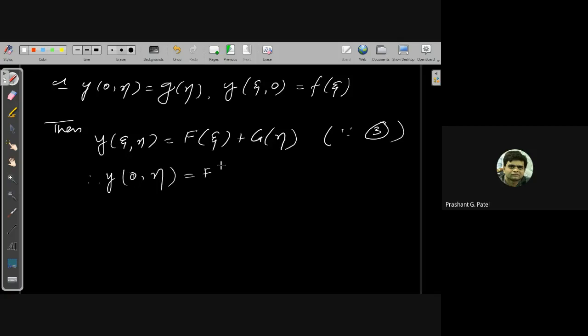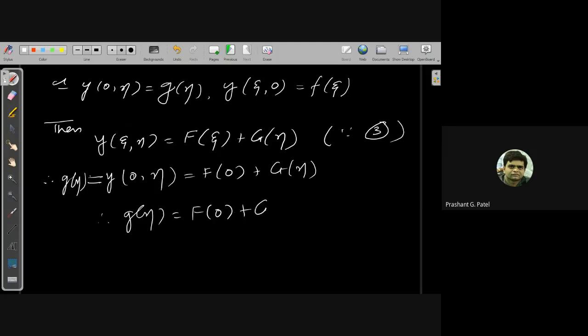This gives me F of 0 plus g of eta. But y of 0, eta is g of eta, so we'll have g of eta is equal to capital F of 0 plus g of eta. We'll say this is equation 4.